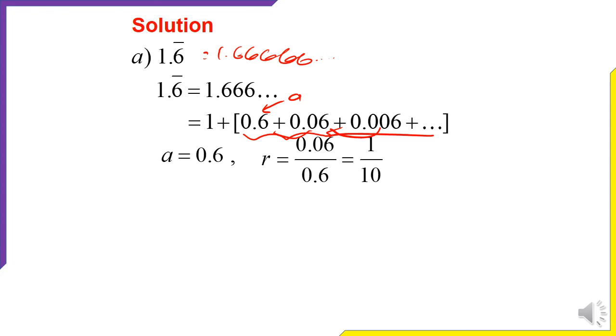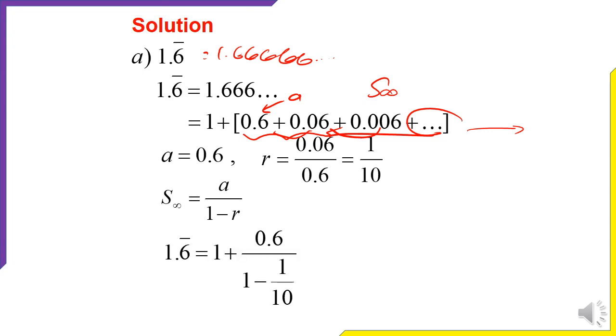So we have a and r, so we can find the S infinity because this value will continue to infinity. What is S infinity? a over 1 minus r, so 0.6 over 1 minus 1 over 10. This is for the part in the bracket, the decimal part. Then we just add 1 to get the 1.6 bar.